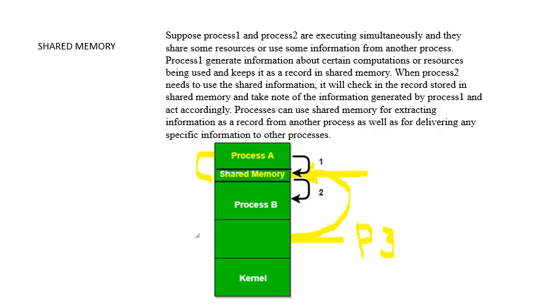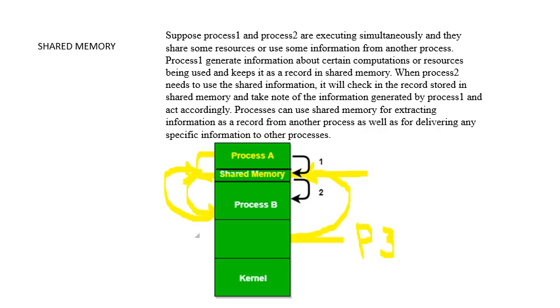So process B, or process 2, will extract the data which is in the shared memory and use the code or data. After completing its execution, it will go back and save the data in the shared memory.